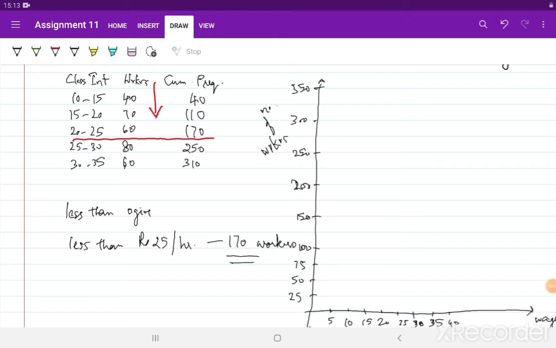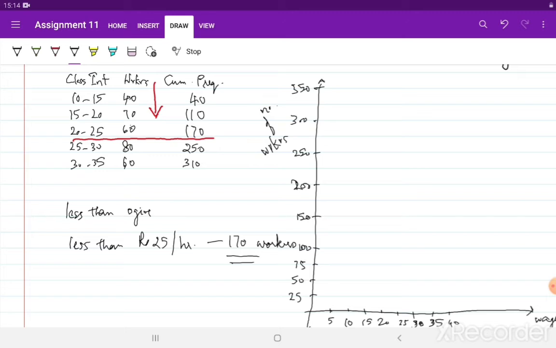Depending on the question, you can decide whether or not you want to actually draw the less than ogive. Here, they haven't explicitly mentioned it in the question, and the value that we are interested in, that is the number of workers earning less than rupees 25 per hour, can be directly read off the cumulative frequency column in the frequency table.